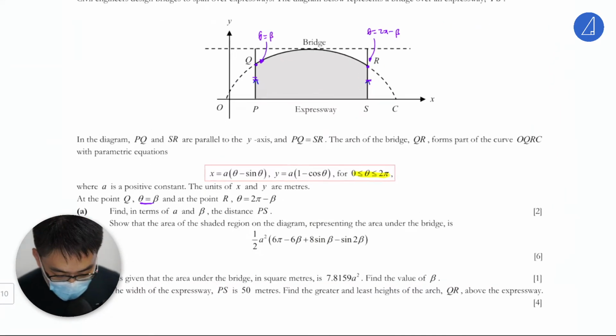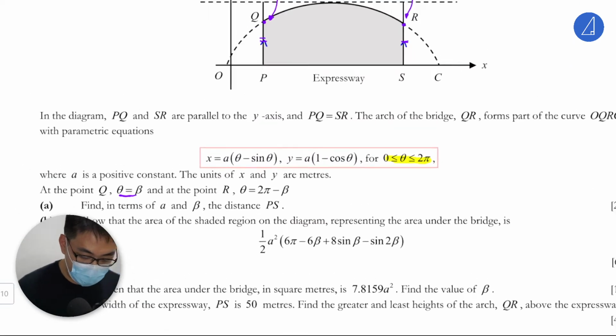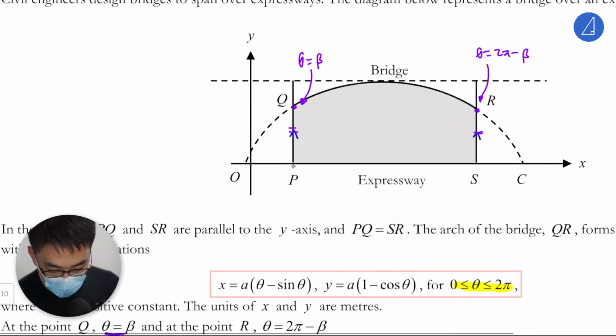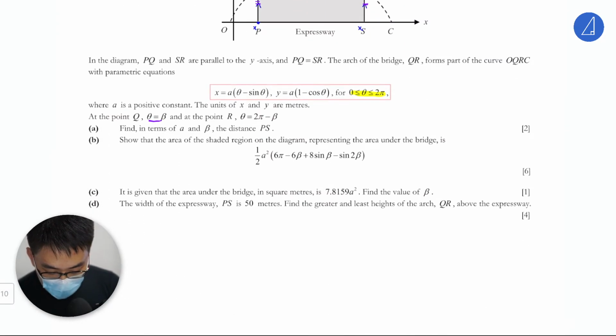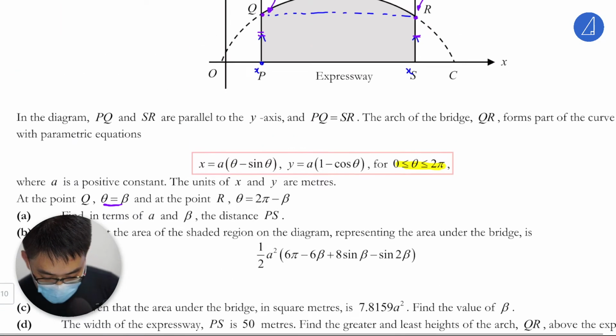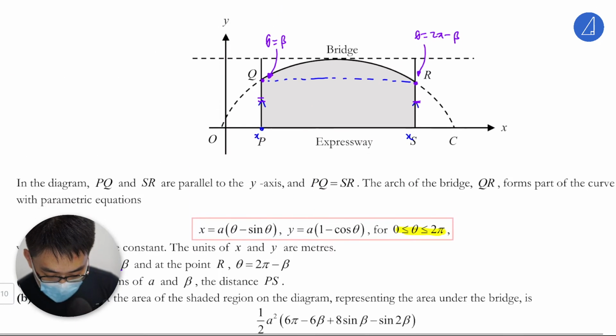Okay, so now finding the distance of PS should be quite straightforward, because what we need is actually just to find the x coordinates. XP here, and then XS, and then just minus them. The distance here, we just need to minus them off. So let's say XP is theta.